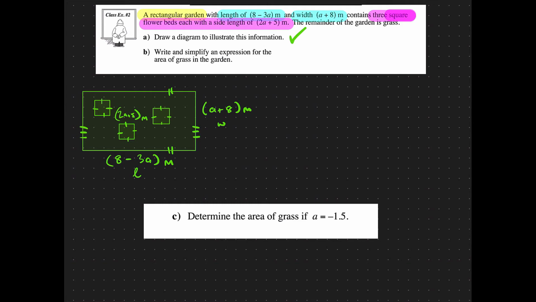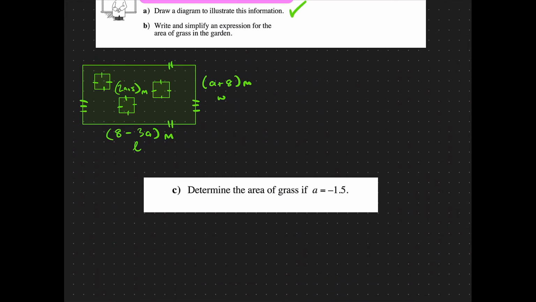The units are important, and laying it all out is important so that it can be easily read and understood. Okay, now it says write and simplify an expression for the area of the grass. Well, it's going to be the big rectangle minus those 3 little garden beds.